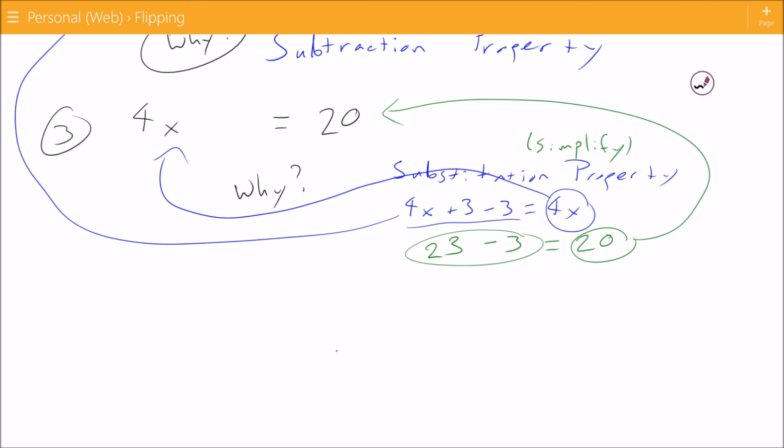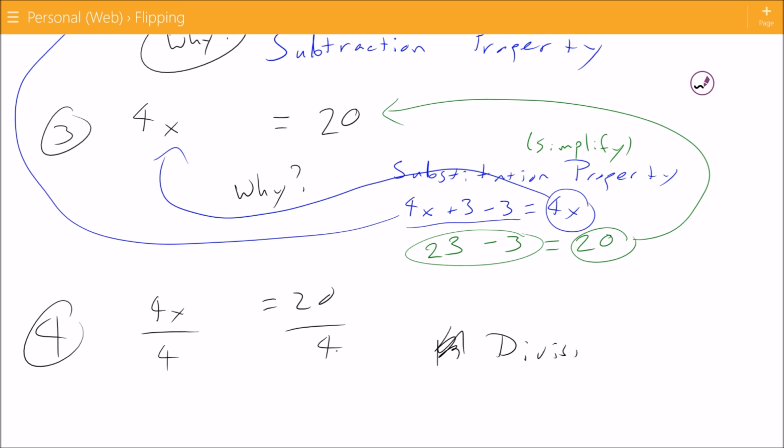Now I've got 4x equals 20. I'm going to divide both sides by 4, and the division property allows us to do that. If I divide on one side, I can divide on the other by the same thing.